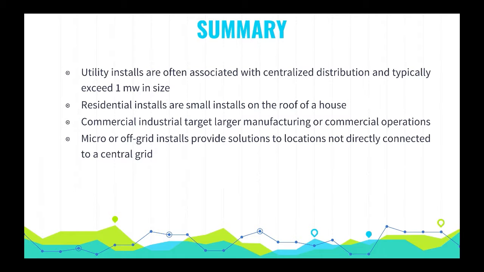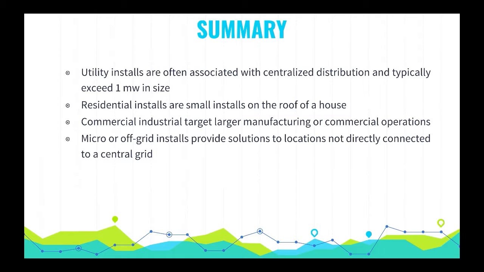Just to summarize quickly, we learned about the 3 different key market segments. We learned about the residential segment, which is about 10 kilowatts and is usually installed on top of houses. We learned that residential homeowners usually prefer to finance and own the system or do some sort of lease back from the developer. We learned about the commercial industrial segment, which is usually on a large business or a manufacturing facility.